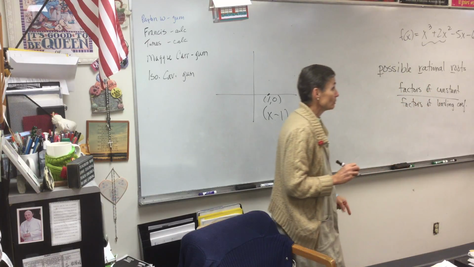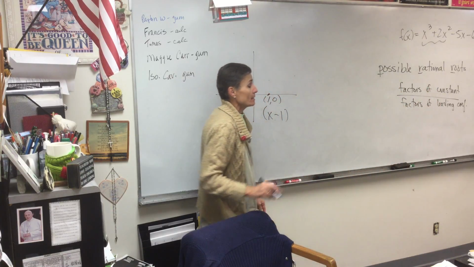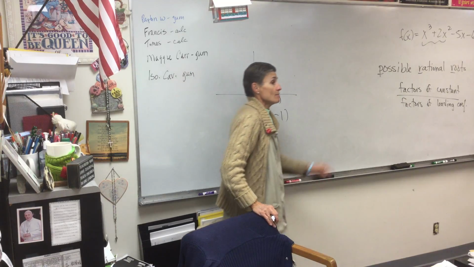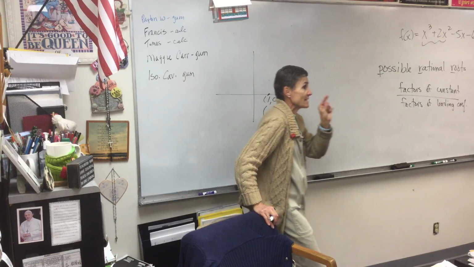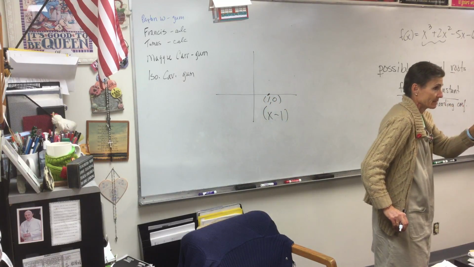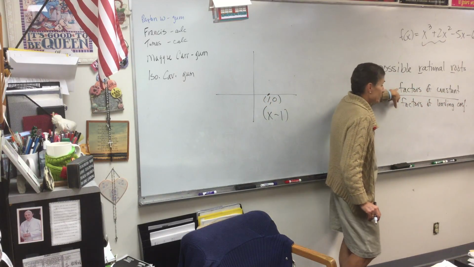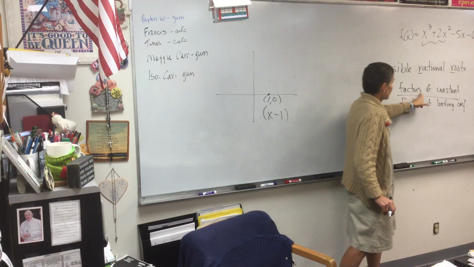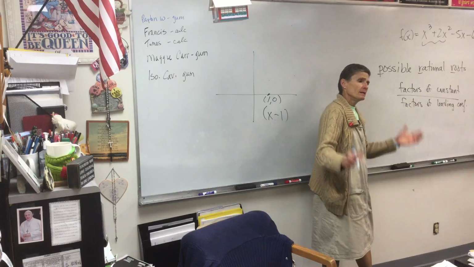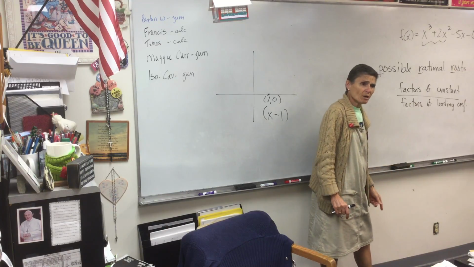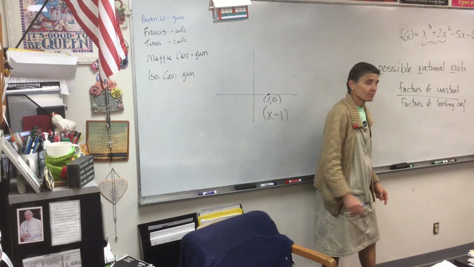This is called the possible rational root theorem, and it says that any possible rational answer, in other words, any number you're going to guess, is going to be constructed from the factors of the constant over the factors of the leading coefficient. Mrs. Ford, what do you mean by constant?